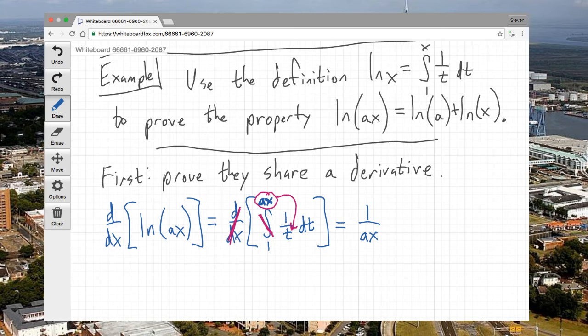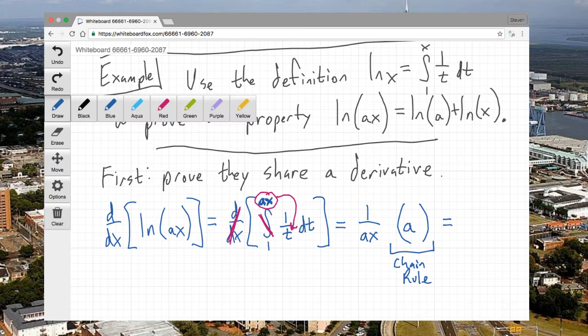All right. Chain rule says to multiply by the derivative of the inside. And what's the derivative of a times x? That's going to be just plain old a. Okay, well that's good news because then I can cancel the a's on the top and the bottom of the fraction, and I'm left with just 1 over x.